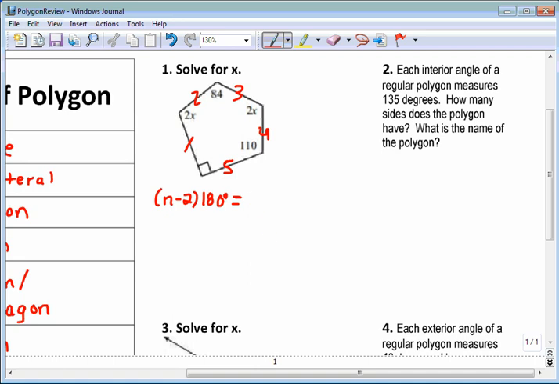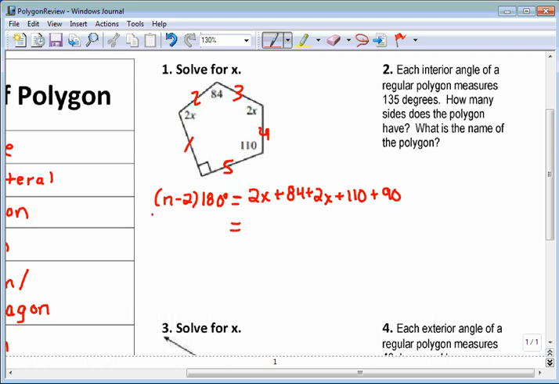So I'm going to say, okay, we need to add all of the angles together. So I just start with one of them and go around. So I've got 2x plus 84 degrees plus 2x plus 110 degrees plus 90 degrees as indicated by that 90-degree angle.